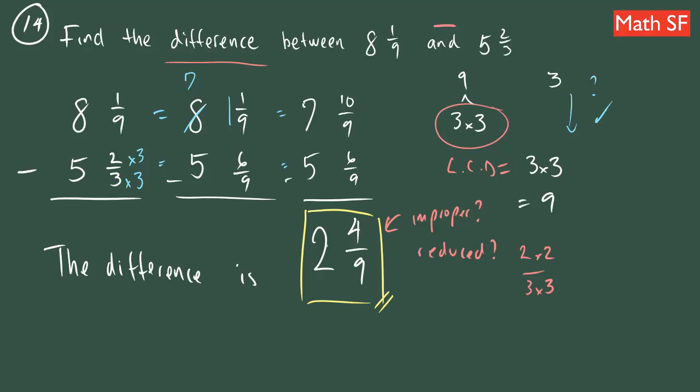Sometimes we have to do some borrowing in that part, so if you gotta do some borrowing, make sure you give it one full whole number 1, and convert the mixed numeral into an improper. That will allow you to subtract 10 minus 6 to give you the 4/9. Okay, and all the time as well, always rewrite your whole part. That will help you a lot. Okay, so that will be 2 and 4/9 as a final answer.